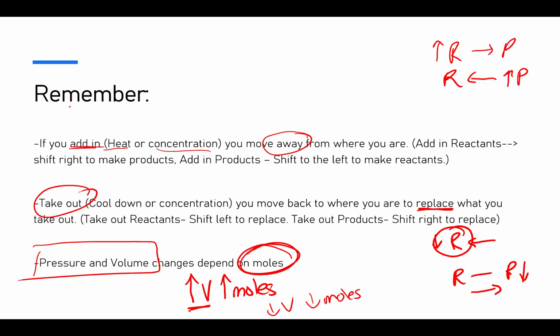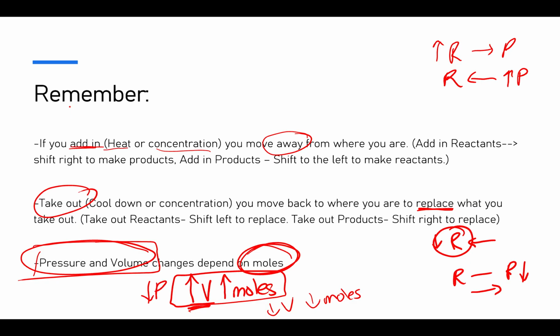Equilibrium stays the same. The last thing I'm just going to add here is to remember the relationship between pressure and volume. Again, this is what I always remember because I can figure the rest out. So if it didn't ask me about a volume change, but it asked me about a pressure change, I would remember that if my volume is increasing, that would mean my pressure was decreasing.